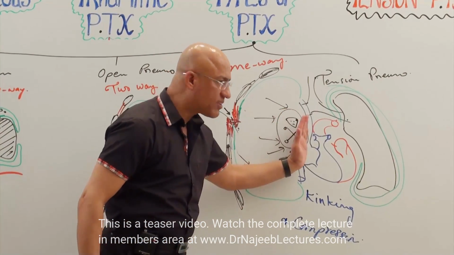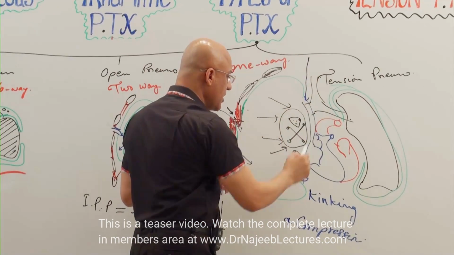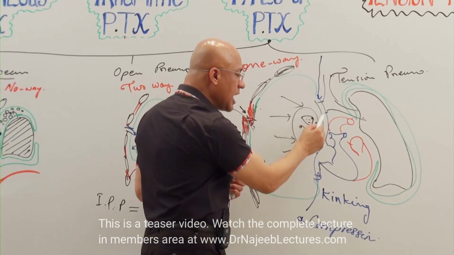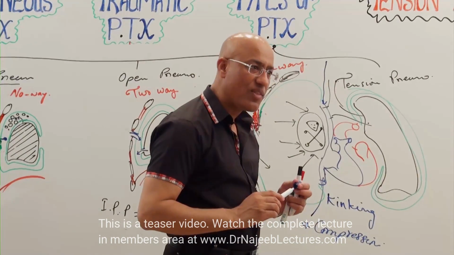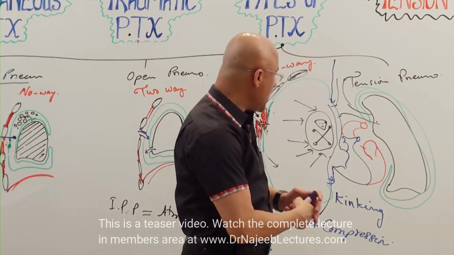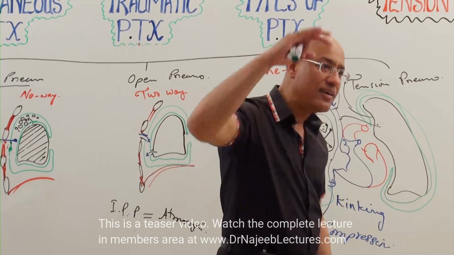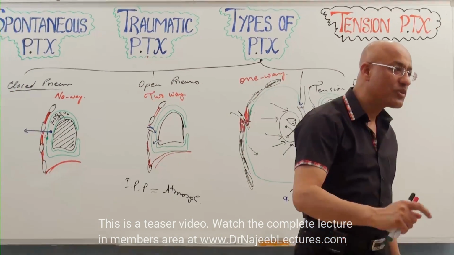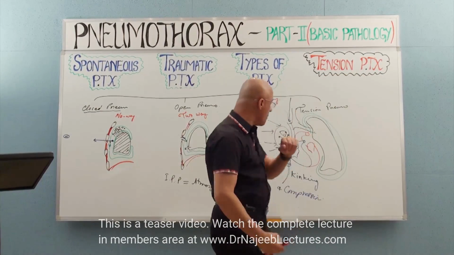If it is compressed and bent, can venous return come here? No. So what will happen? Venous return to the heart dramatically decreases, right? And naturally, if there's no blood coming to the heart, what will happen to cardiac output? Decrease. So the cardiovascular system collapses, right?